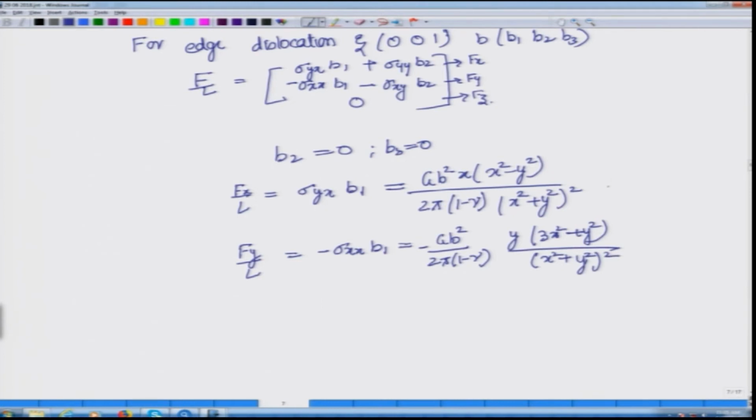So, this is the f x per unit length, that is the glide force. So, on dislocation 2, this is the glide force that we have calculated, and this is the climb force that we have calculated. And since we have expanded sigma y x like this, it means that we are assuming that this stress sigma is arising from a single dislocation, from a single edge dislocation.